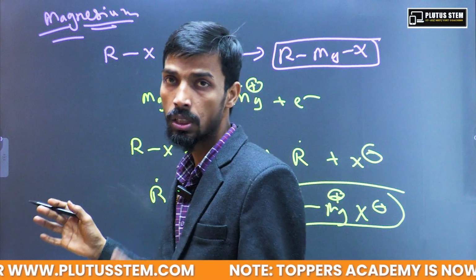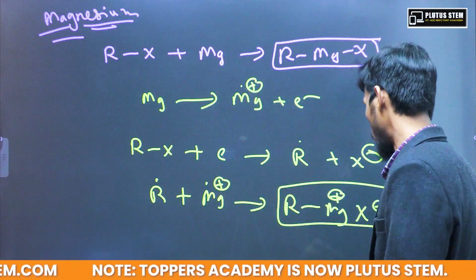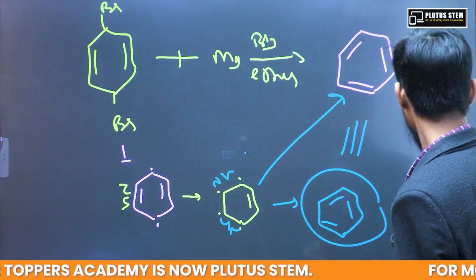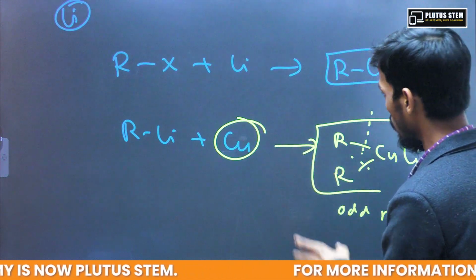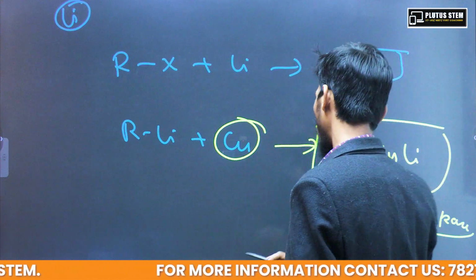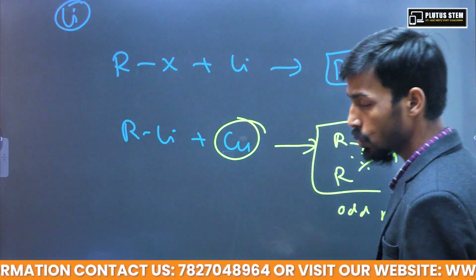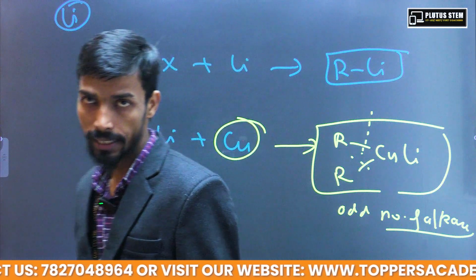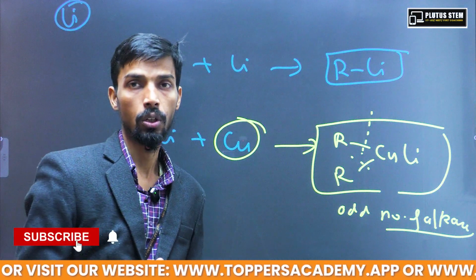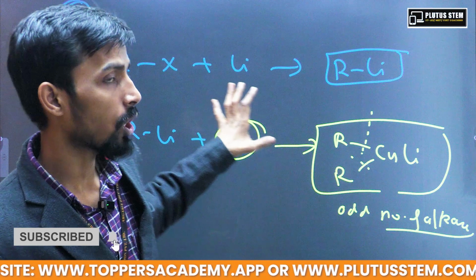Magnesium gives rise to a very important reagent, the Grignard reagent, and lithium gives RLi, and when it reacts with copper, we get R2CuLi, that can give rise to those alkane that are odd numbers. So that's all for this reaction of haloalkane.